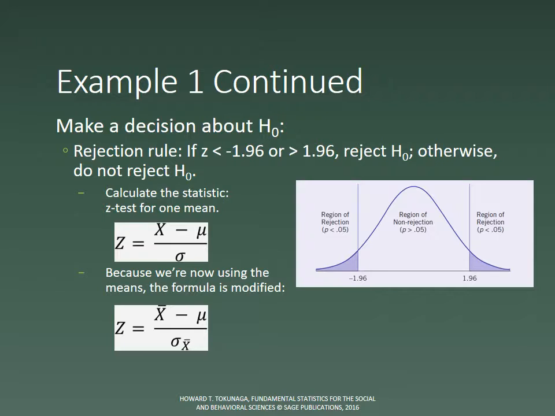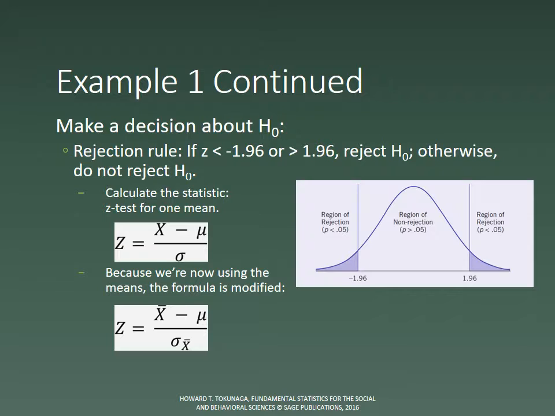So now we're going to calculate our statistic, the z-statistic for one mean. So our z-score formula that we used in the last module was z equals the x value minus the mean divided by the population standard deviation. Because we're now using means, we're going to modify this formula.